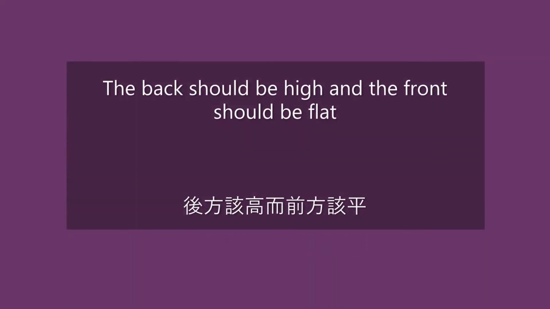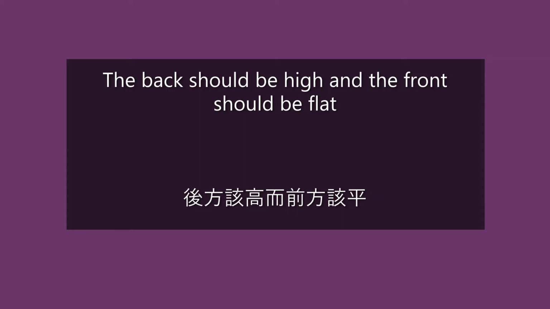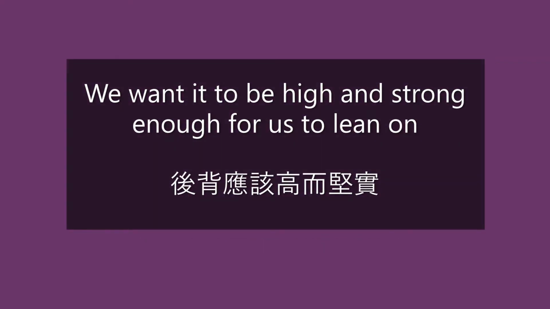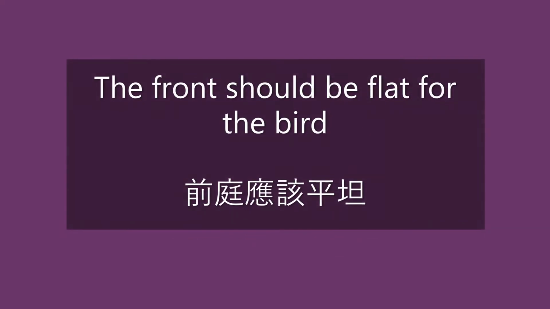The back should be high and the front should be flat because the back symbolizes protection to the residents. We want it to be high and strong enough for us to lean on. The front should be flat for the bird.